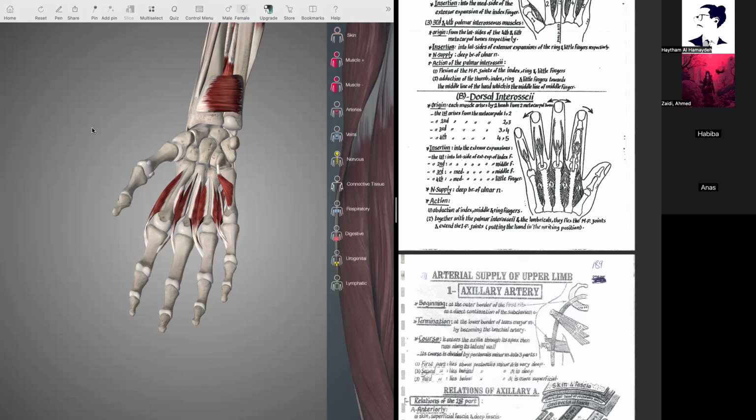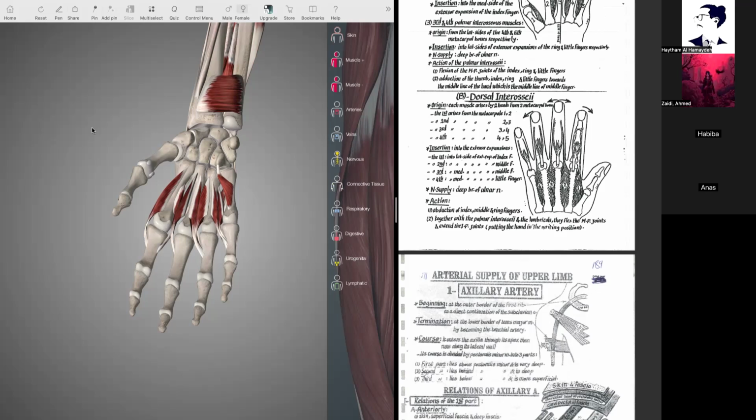Okay, the thenars in the lateral compartment are made up of 4: abductor pollicis brevis, adductor pollicis, which is transverse and oblique, the opponens pollicis, and I think flexor pollicis brevis.